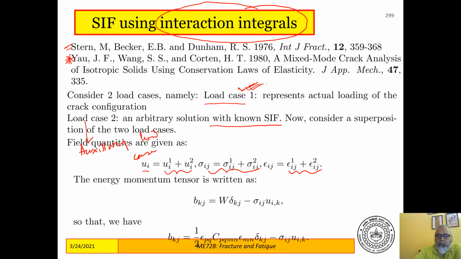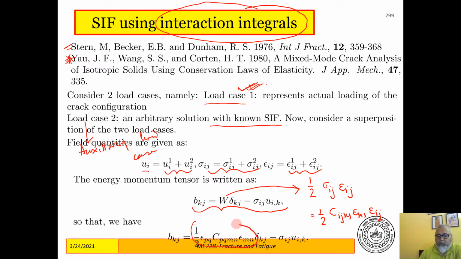Now, the energy momentum tensor was given by this, right? And for the linear elastic case, W is of the form half sigma_ij epsilon_ij, which is half C_ijkl epsilon_kl epsilon_ij, which can also be written as half epsilon_pq C_pqmn epsilon_mn.